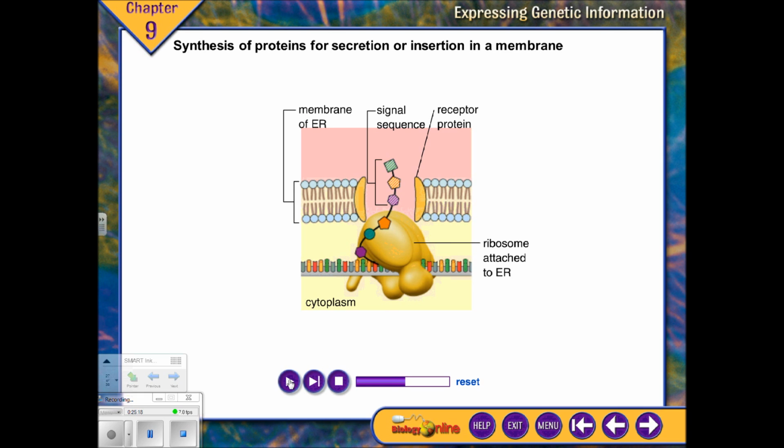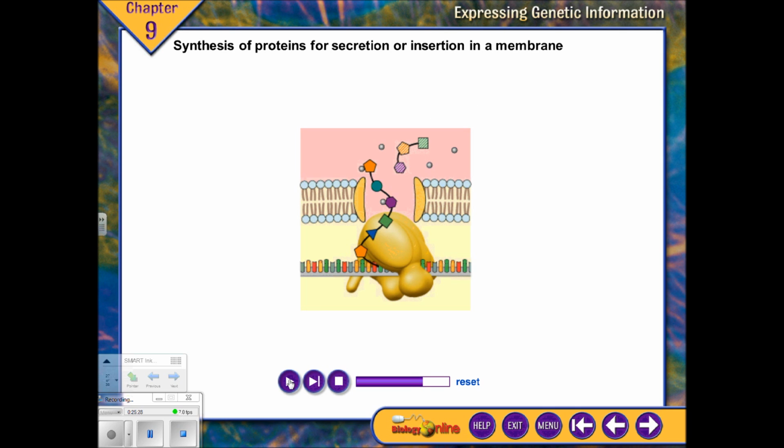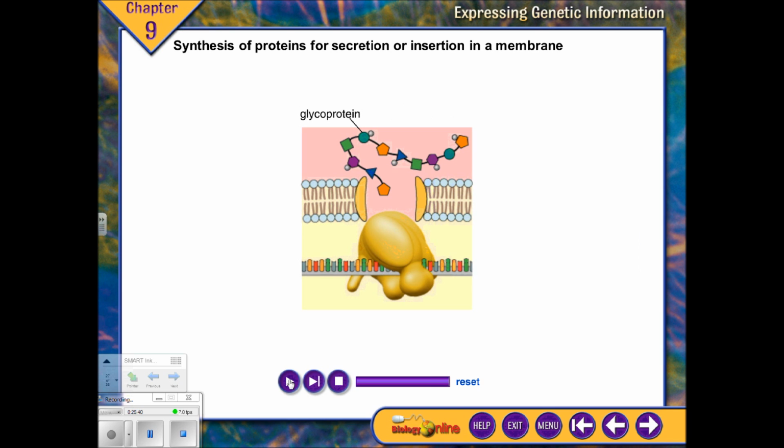As translation continues, the growing chain of amino acids threads through the membrane and into the space inside the ER. When translation is complete, the signal sequence is cleaved, and the new protein is released from the ribosome into the inner ER. Often a sugar molecule is added to the protein, forming a glycoprotein.